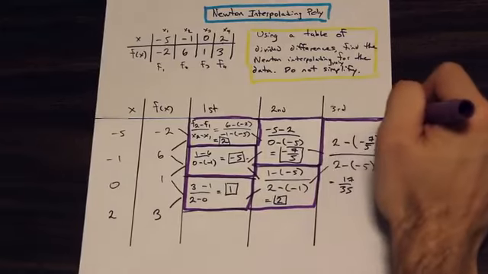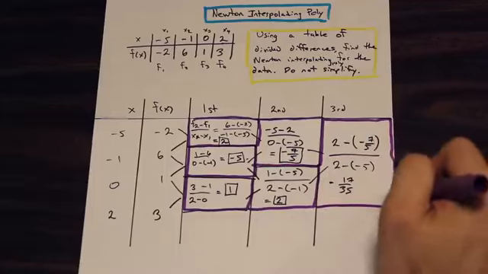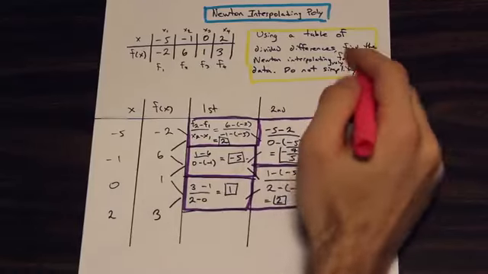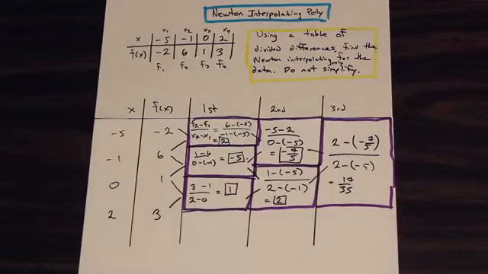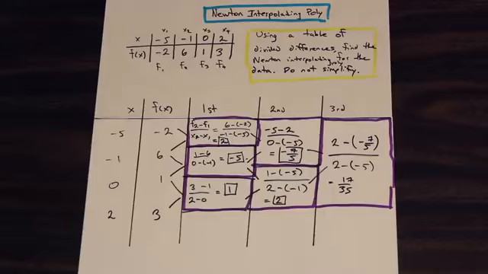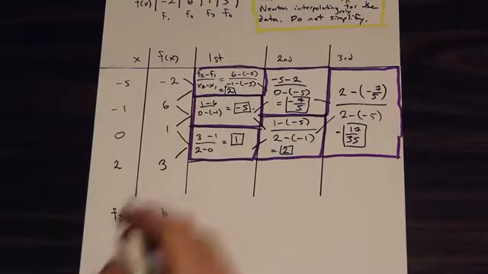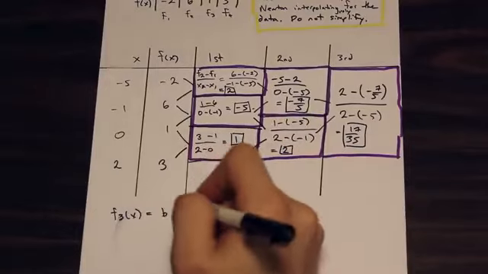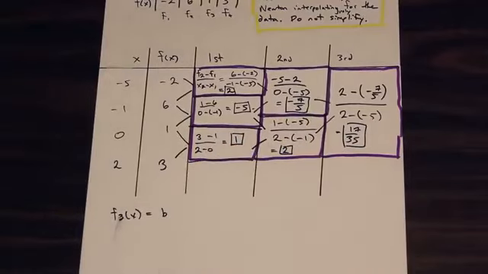Cool. So what do we have here? We did our table. We have all these values. What do we do with them? That's a good question. We are going to take the first values, and let me start by writing the formula for the Newton interpolating poly. The formula for F3(x), I'll write the general form below.